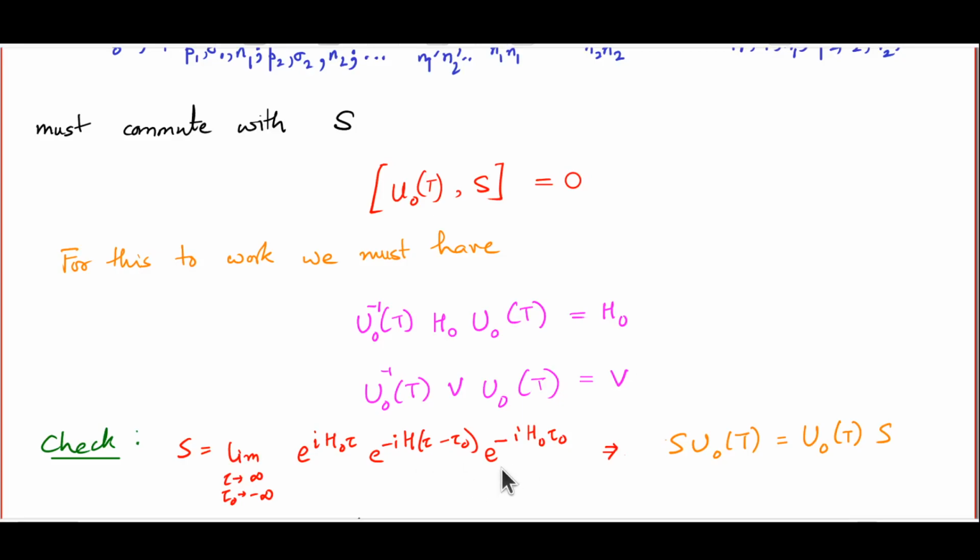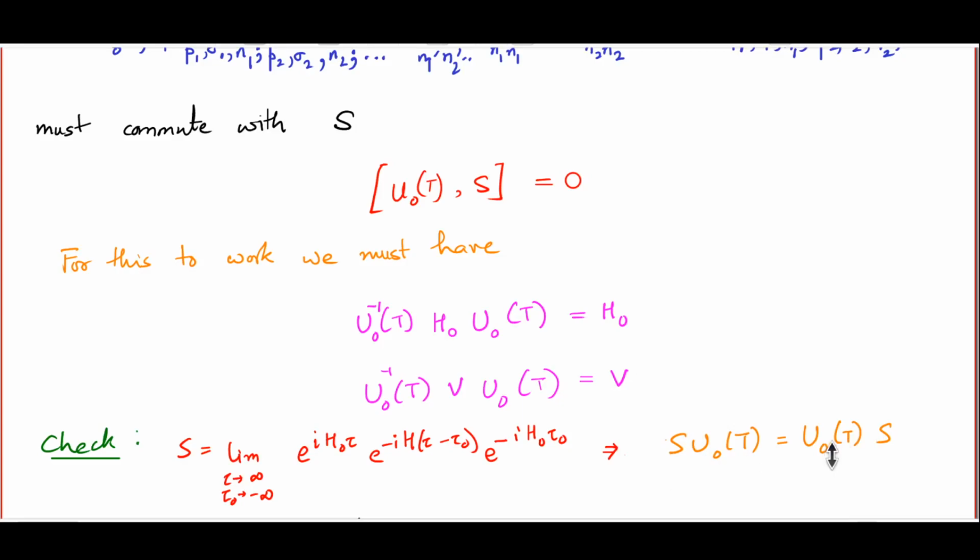As tau goes to plus infinity and tau 0 goes to minus infinity, if U0 capital T commutes with H0 and H, then it actually commutes with this operator irrespective of the value of tau and tau 0. So it commutes with the final limiting value of S. So S and U0T commute as we need it.